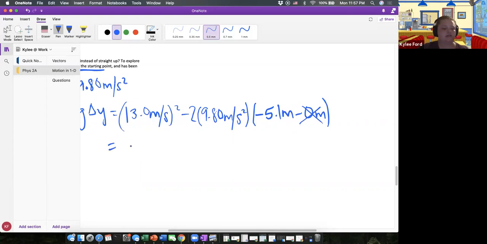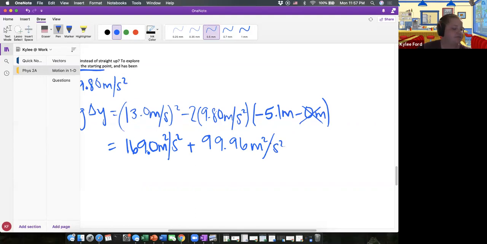And we get 169.0 meters squared per second squared minus, using our calculators, we get a positive because a negative times a negative is a positive, 99.96 meters squared per second squared.